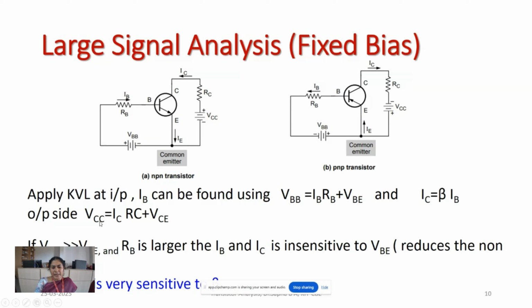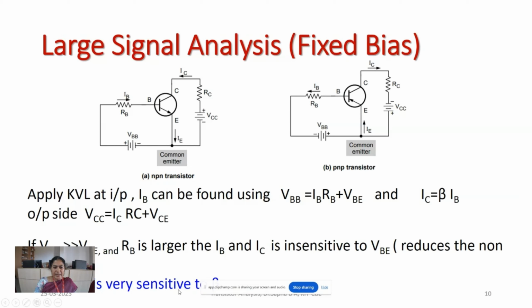These are the two basic equations which correspond to the large signal analysis using the fixed bias. Now if VBB is very large compared with VBE and RB is also large, then IB and IC are insensitive to VBE, which reduces the non-linearity. We know that the transistor always acts as a non-linear device, so we go for this non-linearity reduction.